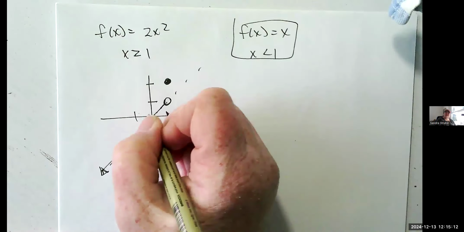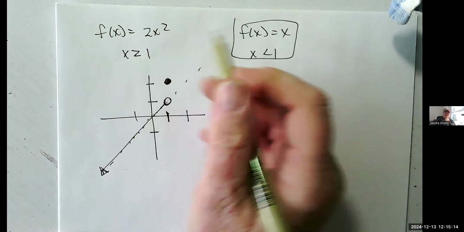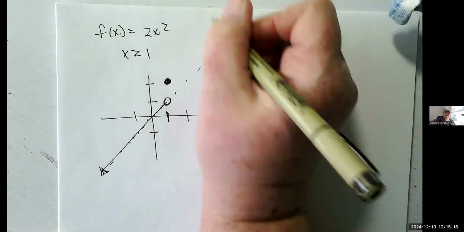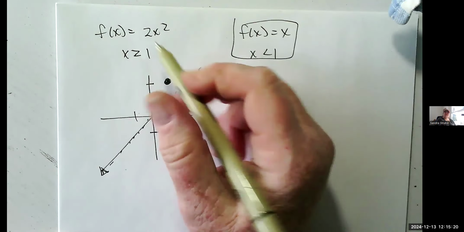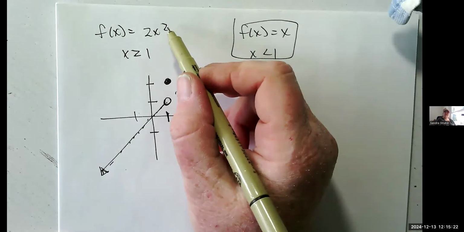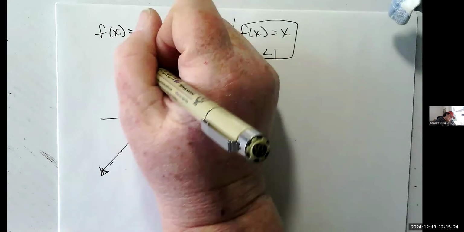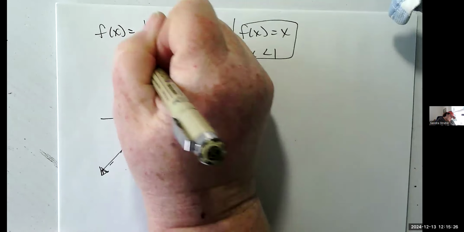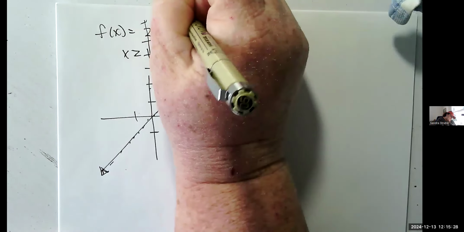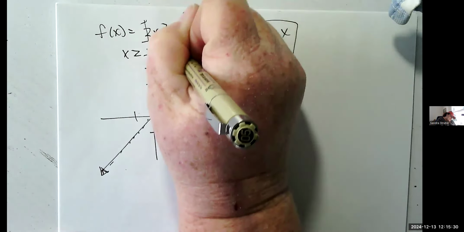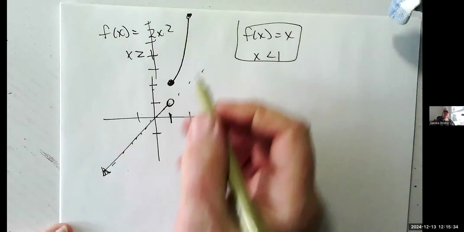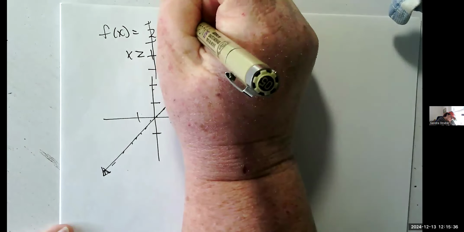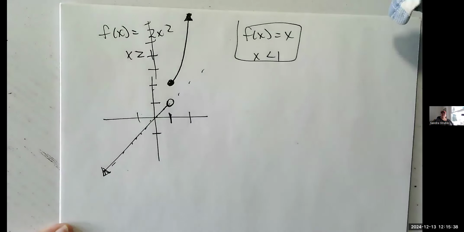I don't have to worry about 0 because it's greater than 1. 2 squared is 4. 4 times 2 is 8. So that'd be 1, 2, 3, 4, 5, 6, way up here. So that is what that would look like, and it would just keep going. So there's my piecewise function.